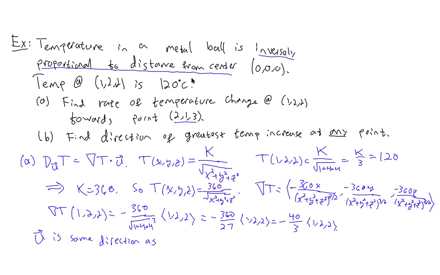I haven't quite finished my thought yet, but I'll mention this when I'm done. It's the same direction as v, which I'm calling. So you're going towards the point 2, 1, 3, so it's 2, 1, 3 minus 1, 2, 2, or in other words, 1, negative 1, 1.